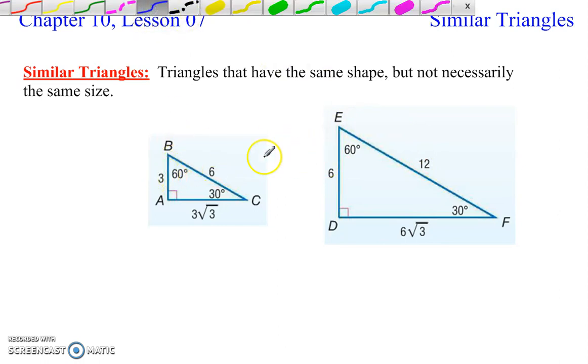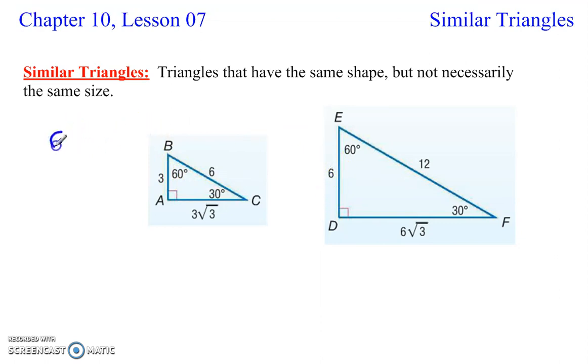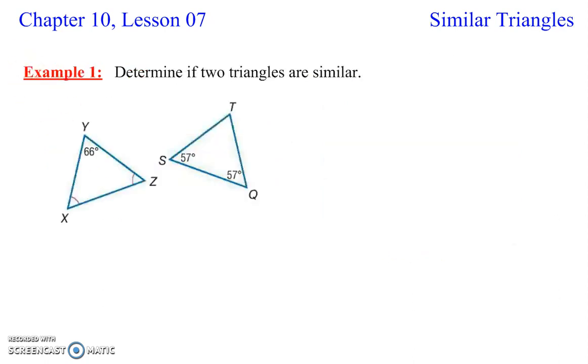And we can find that ratio, or the scale factor, by dividing one side by the other. 6 divided by 3 gives me that scale factor, 2. And then I can multiply the other sides by 2 to find the corresponding sides. Okay, if I want to determine are they similar, then either the sides have to be proportional or they have to have the same angles.